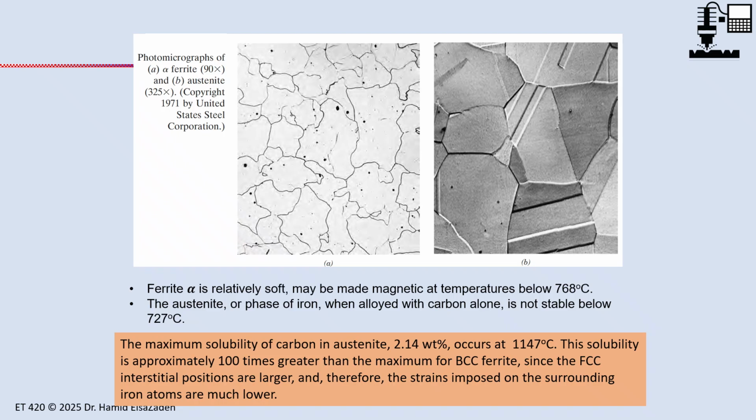As I mentioned before, we have three phases for iron: ferrite, austenite, and delta ferrite. But we are interested mostly in alpha and gamma. This is gamma, right?